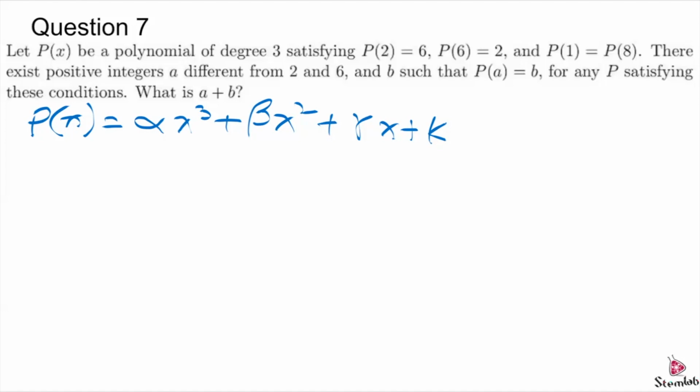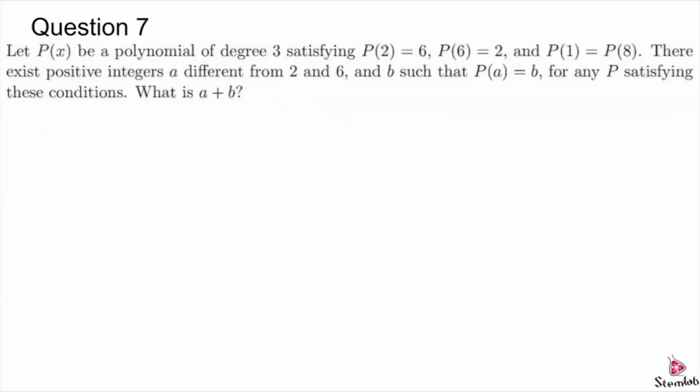So I said, what else do we do with questions where we're given p of something equals a constant? The other thing that came to mind was to try using the remainder theorem. Usually when we use the remainder theorem, we're given something equal to 0, but here we're given something equal to a constant.